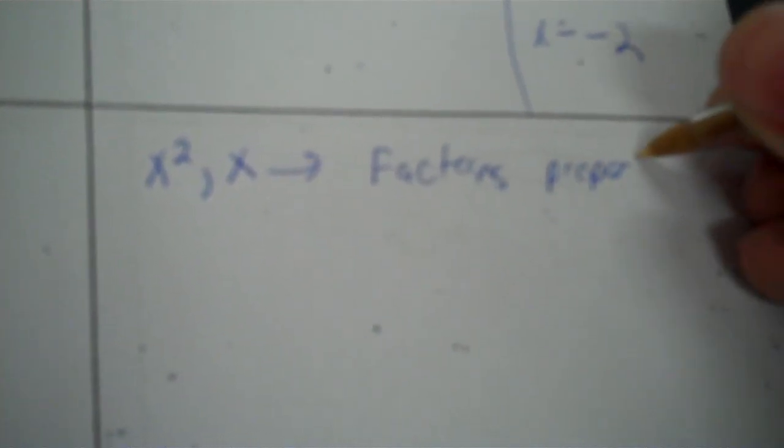Okay, number 2, x to the second power minus 4x minus 12 equals 0. What do you have for x? You have x to the second, you have x. Stay on this side, you're doing the factoring properties. Okay, so factoring properties.